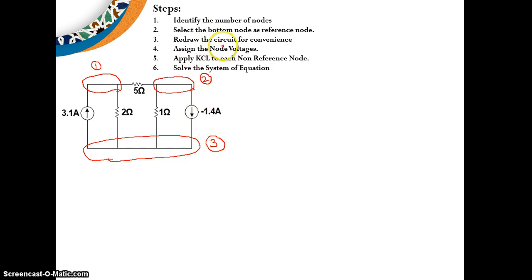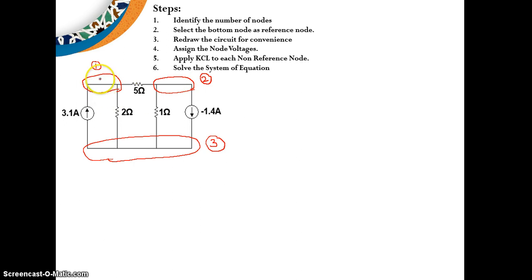Now redraw the circuit for convenience. Since we are doing nodal analysis, the nodes should be more projected, so we draw the nodal diagram. You have to draw the node diagram so the nodes will be more clear.